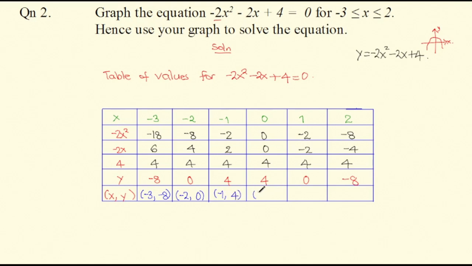Then the fourth point has x as 0 and y as 4. The fifth has x as 1 and y as 0. And finally, we have 2 for x and -8 for y. So with this, let's move on to the next board to find out our graph, and then we can plot all these points on that Cartesian plane to see how our graph will look.